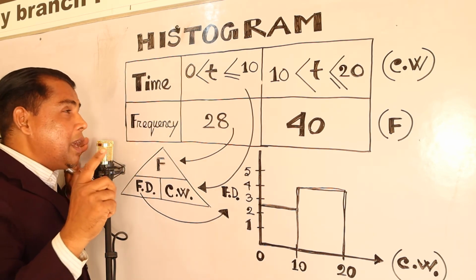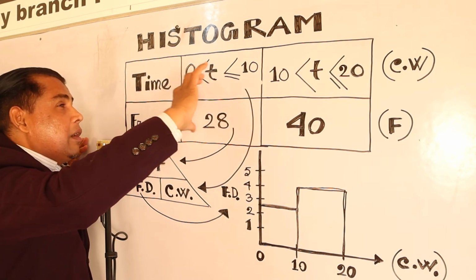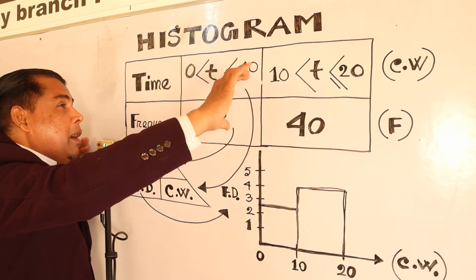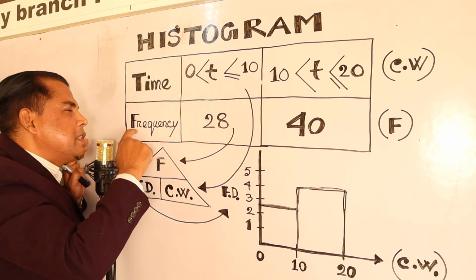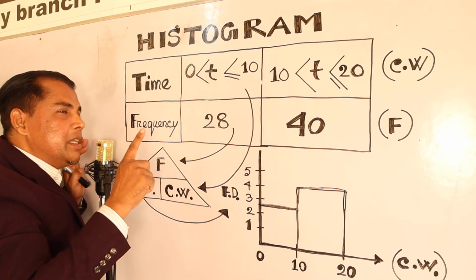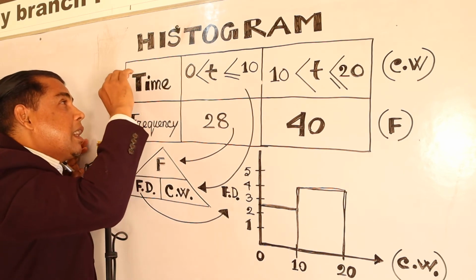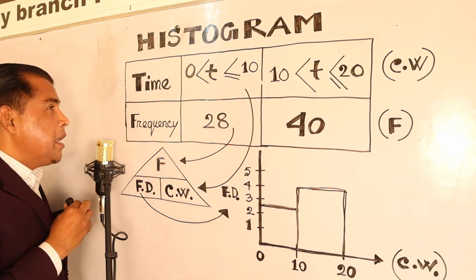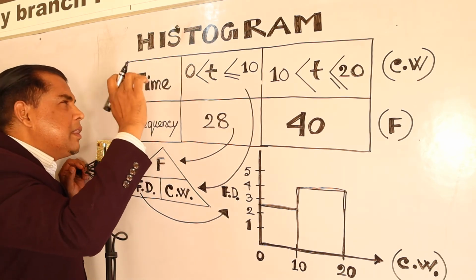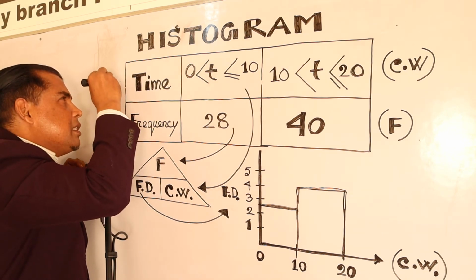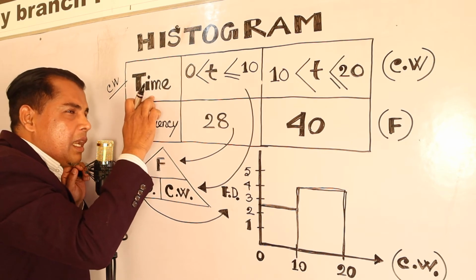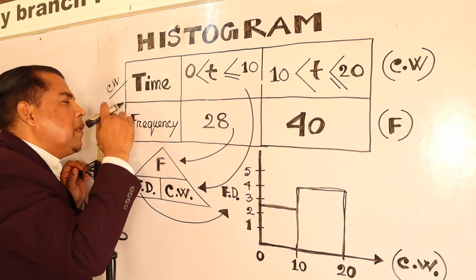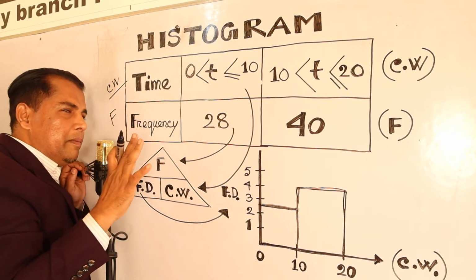In this data, perhaps they never provide the frequency density. They always try to give the class width, any name, age, time, whatever the matter, you need to understand this is the class width. In a histogram, always this information is class width. This information is always frequency.